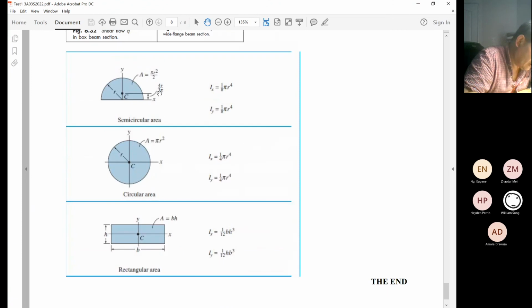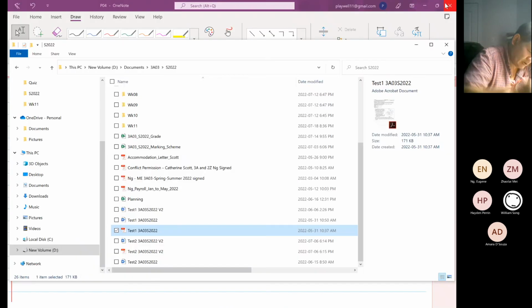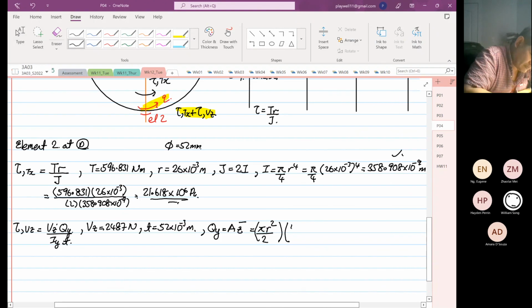So the centroid, the so-called y bar, z bar, is 4r over 3 pi. You cancel this, you cancel this, you cancel 2. So in the end, it's 2 over 3 r cubed.